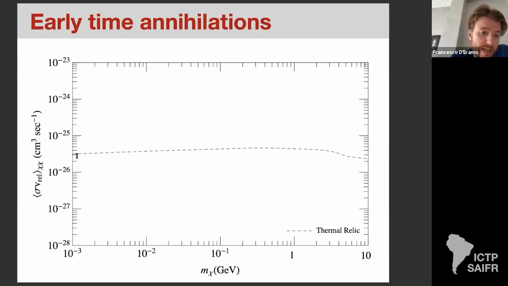Actually, this is a plot I made with my computer to just derive the relation between m and sigma v. So you treat m and sigma v as independent parameters, okay? And then these independent parameters give you a prediction for omega h squared. This line is the line corresponding to omega h squared equal to the observed one.